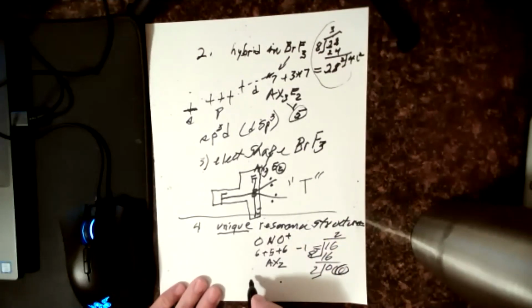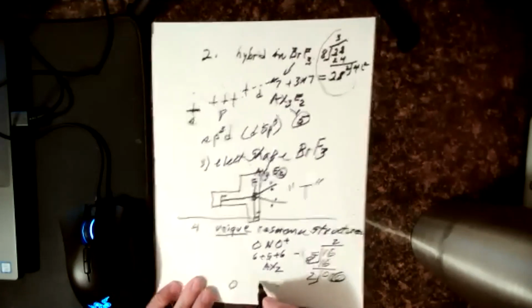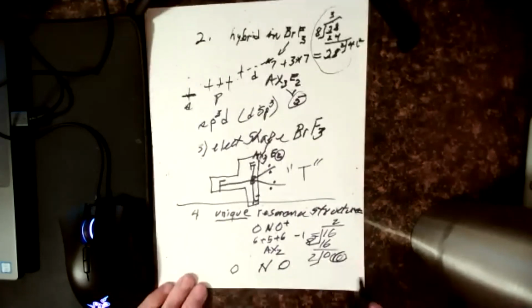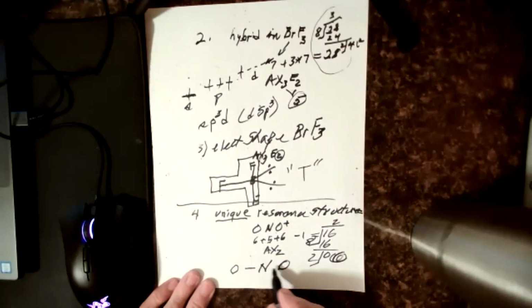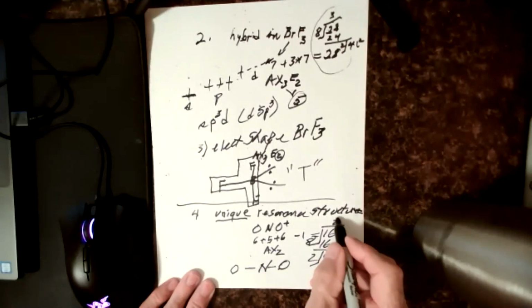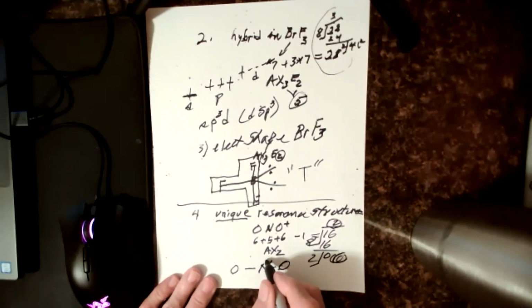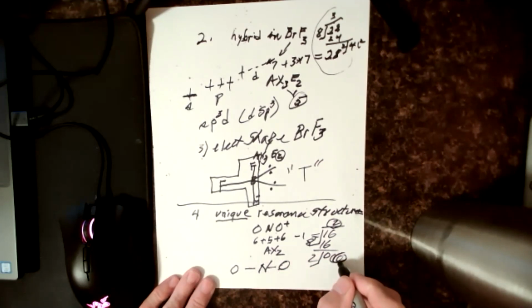So let's do our structure. We've got oxygen, nitrogen, oxygen. We have what we call the sigma bonds, 2 bonds holding it together, that we expected. I cannot put any lone pairs on nitrogen because the math said not to. Don't follow the book's method.